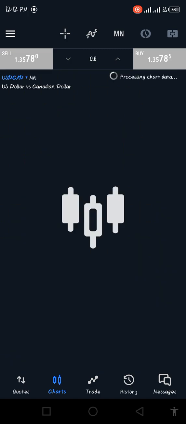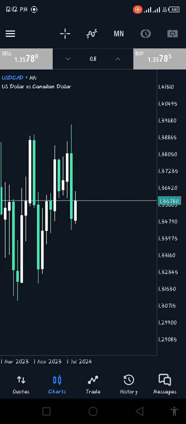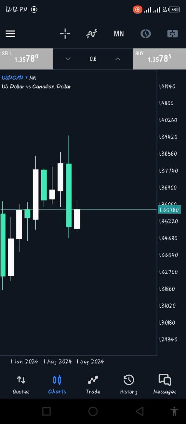Top-down analysis dictates that we start from the highest time frame possible. That is the monthly time frame, and in this time frame we are not here to execute any trade. We are just here to understand the overall direction as far as the highest time frame is concerned.